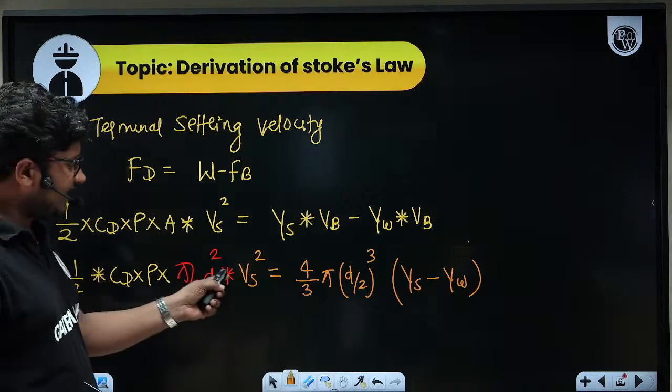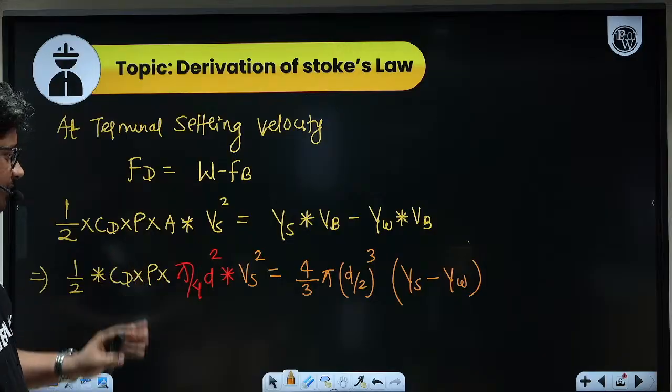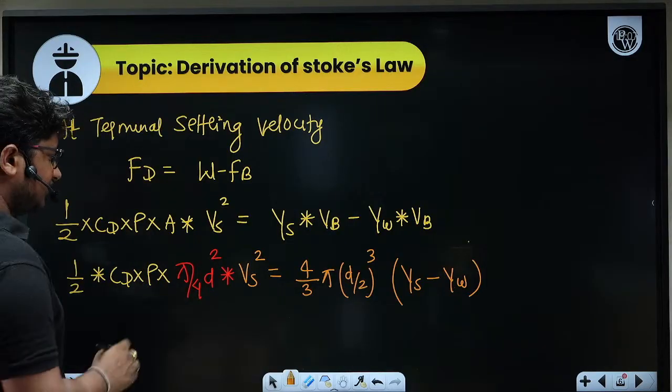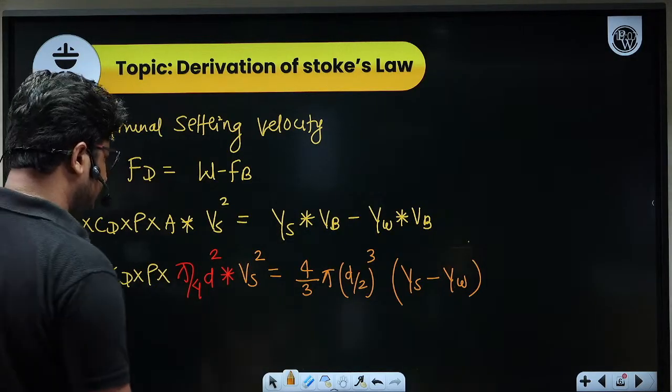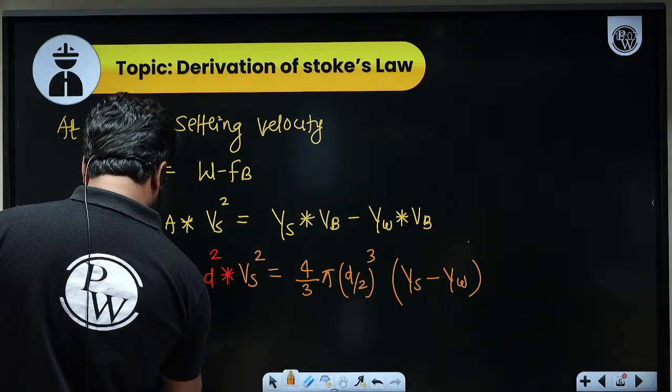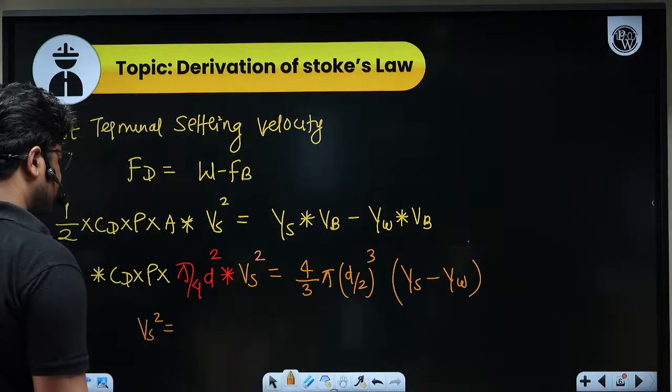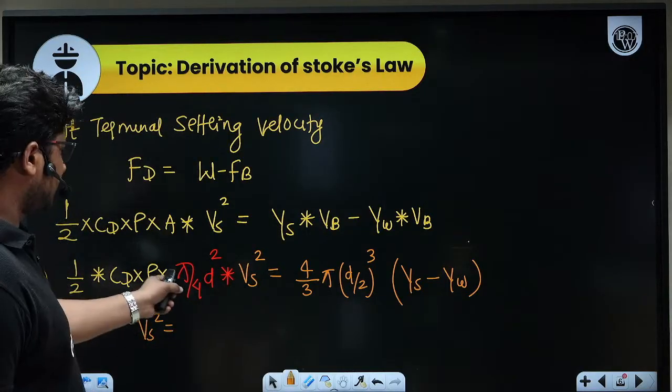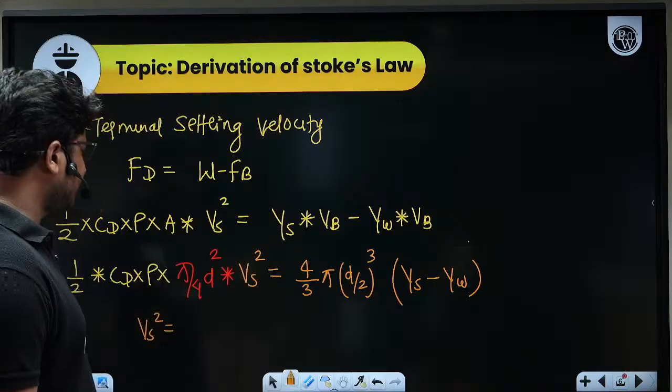Now my priority is to find out Vs square, the settling velocity, so I will focus on that only. If you write Vs square, the remaining things I will put on the right side. Pi and pi get cancelled out.